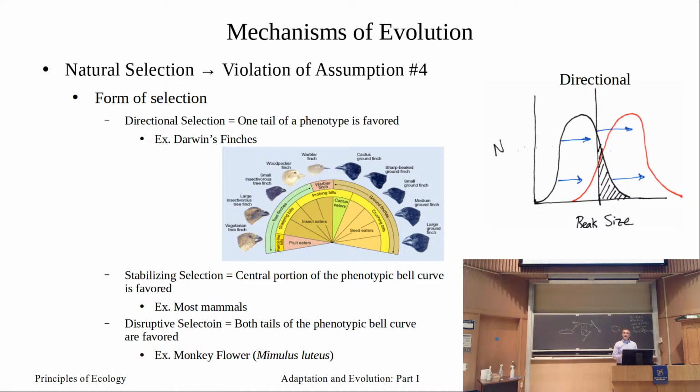Whatever seeds are available, there's always a best beak for crushing or cracking those seeds. So as you get more larger hard-shelled seeds, it's going to favor beaks that have more mechanical advantage at cracking those seeds, so larger beaks. As you get smaller seeds, having that big, massive beak isn't really good at picking up the smaller things.